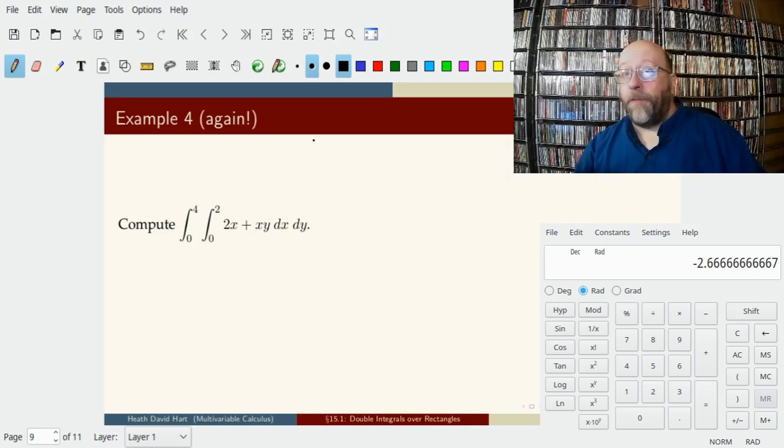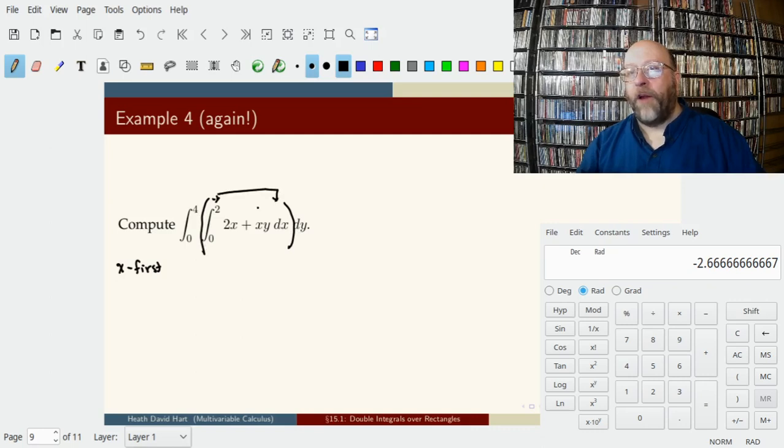So this is example 4 again, but notice I've changed the order now. I've put the x on the inside and put the y on the outside. When I change the order of the variables, I also change the boundaries because, again, the inside boundaries match with the inside variable, and the outside boundaries match with the outside variable.